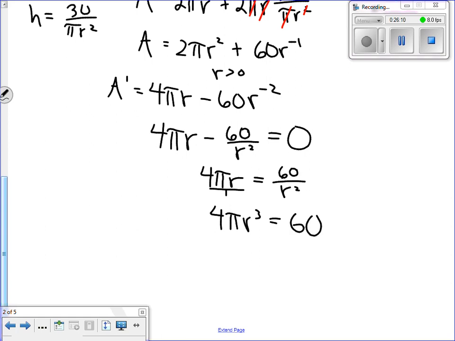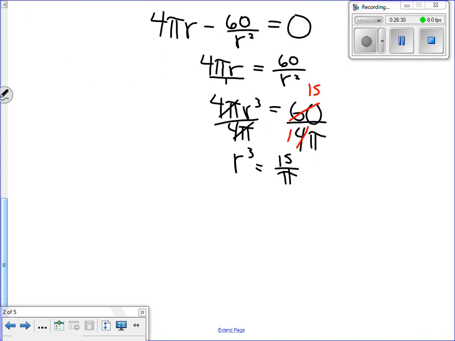We can divide each side by the 4 pi right away. So that'll be gone. Now, I have 60 over 4 pi. Well, 4 goes into 4 once. It goes into 60 15. So that gives me that r cubed equals 15 over pi. So then r would be the cube root of 15 over pi.